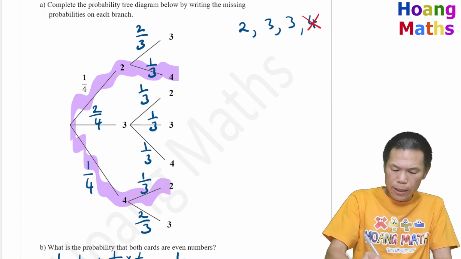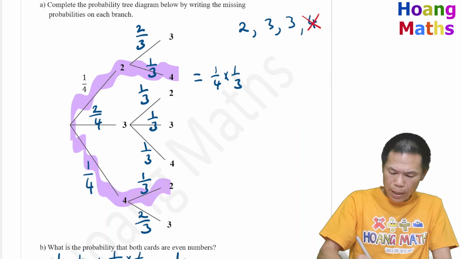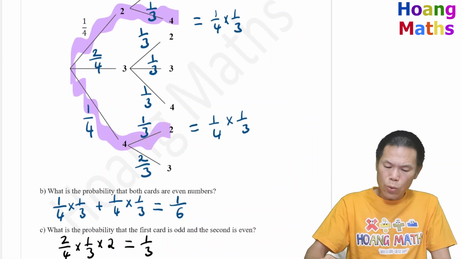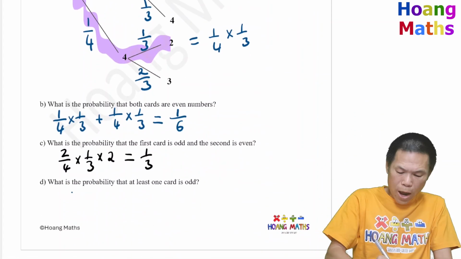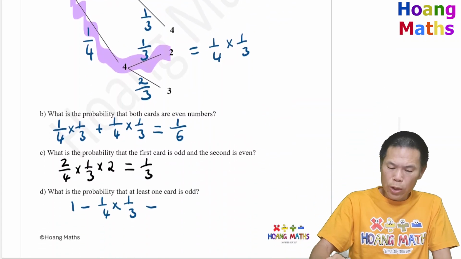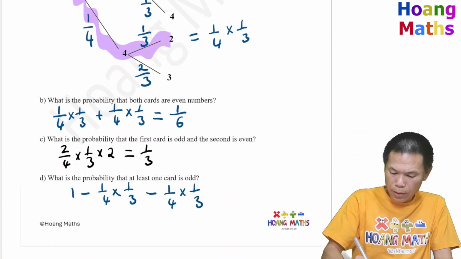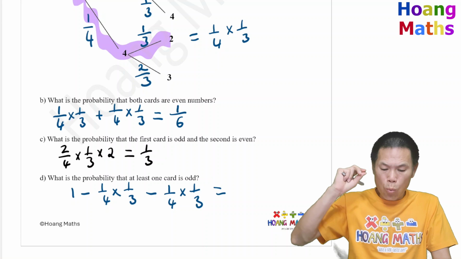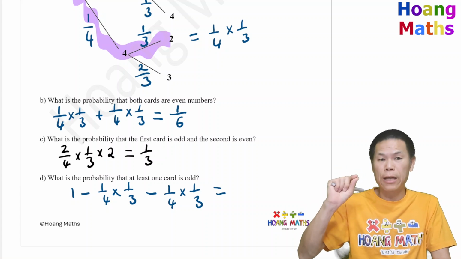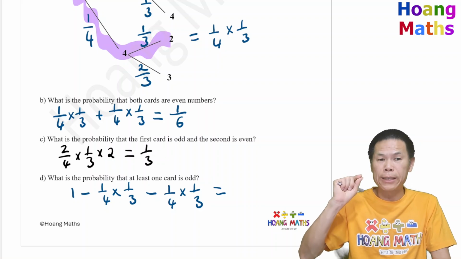This one here is a quarter times a third, and this one here, a quarter times a third. So 1 minus 1/4 times 1/3, minus 1/4 times 1/3 as well. Remember, we want at least one card odd, so we do not want two even numbers. That's why we go 1 minus this out.